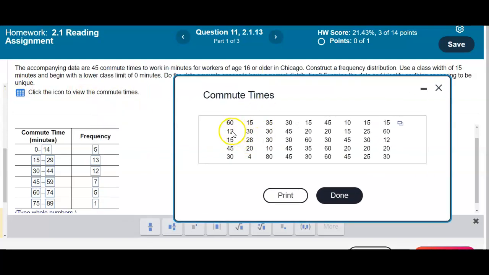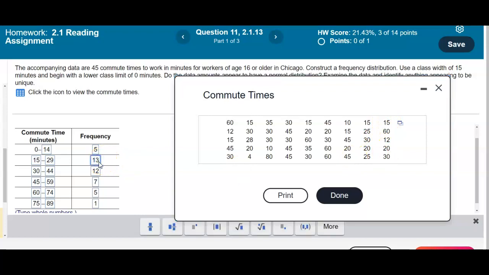So from 0 to 14, we have 1, 2, 3, 4, 5. Between 15 and 29, we have 1, 2, 3, 4, 5, 6, 7, 8, 9, 10, 11, 12, 13, 14, 15.